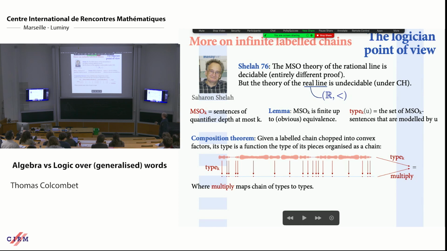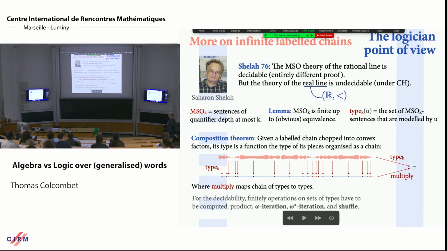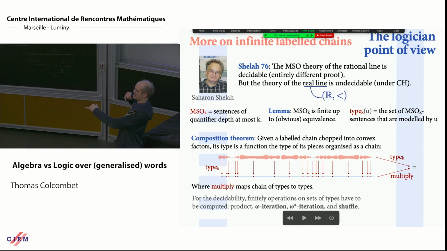And multiply is some map that exists. Here we don't really care. Of course, this does not give the decision procedure. But the intuition is that this operation multiply is infinite in nature, but you can restrict it to just a few operations: the effect of concatenating two sequences, the effect of the omega iteration, so repeating the same sequence omega times, omega star times, and there is also a shuffle, which I don't have time to discuss here.